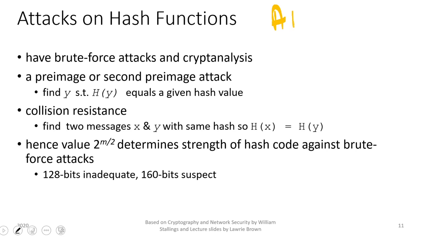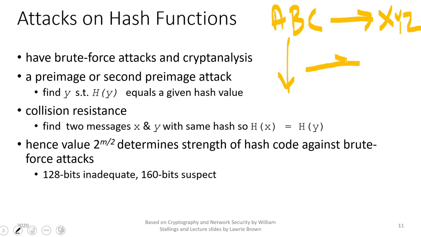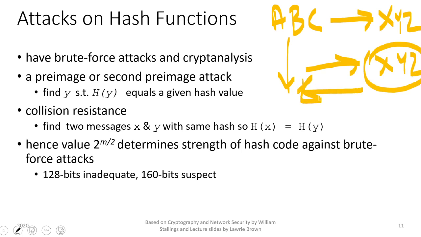We have a text called ABC, and when it is hashed, it becomes XYZ. Now we take all the possible messages of various lengths and hash them until we find something that maps to XYZ. Then we can understand that whatever input we gave to the hash function must be this.